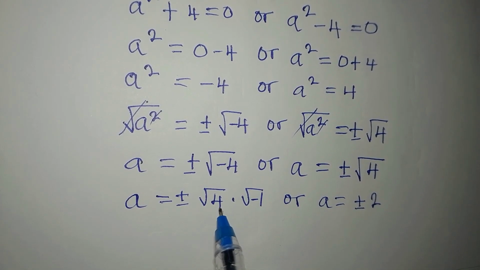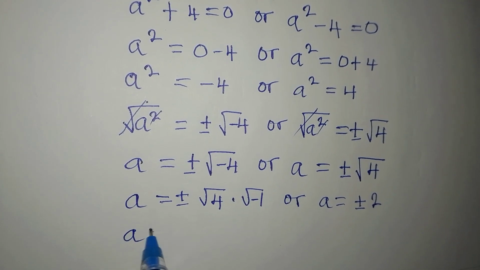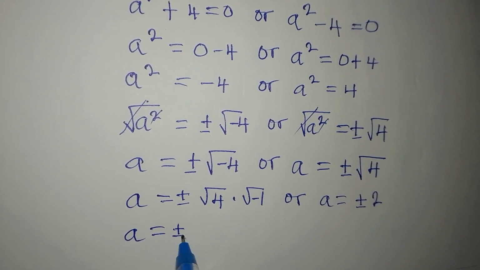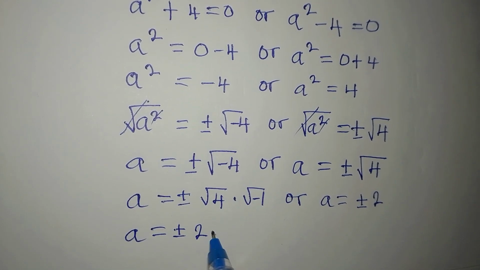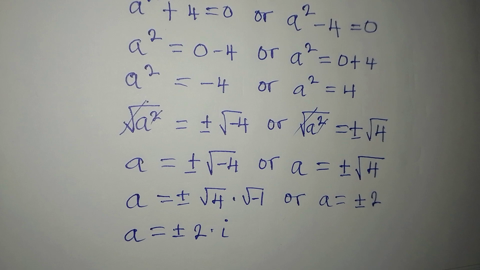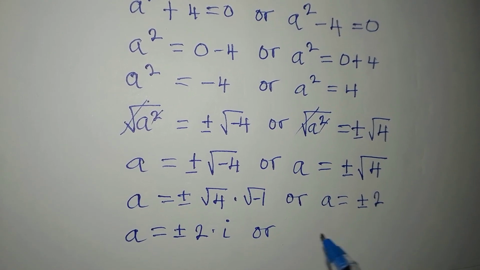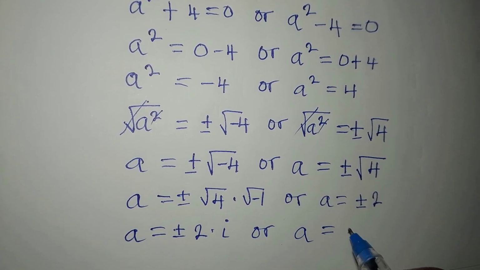Now that we have done this, we can now find the square root of 4. So a now is plus or minus 2 multiplied by square root of negative 1 is imaginary. So we put i, or a here is equal to plus or minus 2.